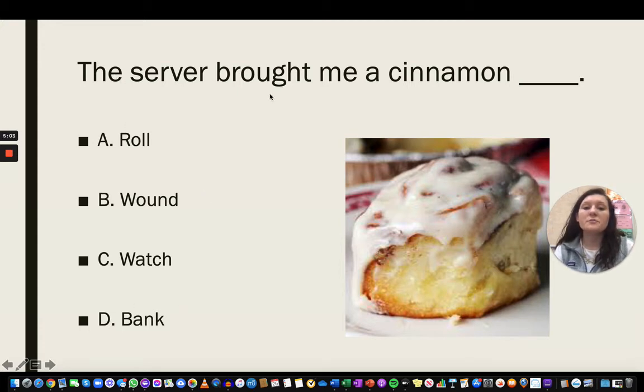The server brought me a cinnamon roll, wound, watch, or bank. We know that in this sentence we have cinnamon roll, so it's going to be A. The server brought me a cinnamon roll.